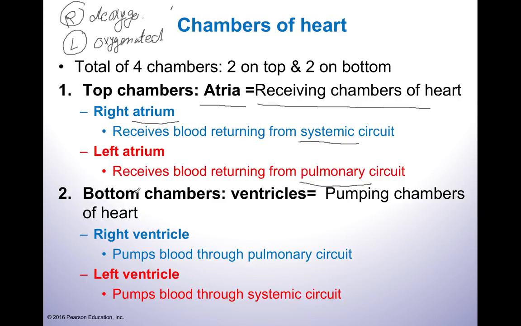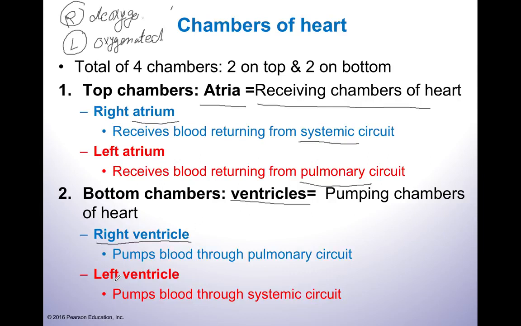Now, the two bottom chambers of the heart are referred to as the ventricles. Ventricles are basically going to be the pump portion of the heart, the part that allows the heart to contract and move blood out of the heart. So again, the right ventricle will be identified as the chamber that is going to be pushing deoxygenated blood to your lungs to allow for the gas exchange to take place.